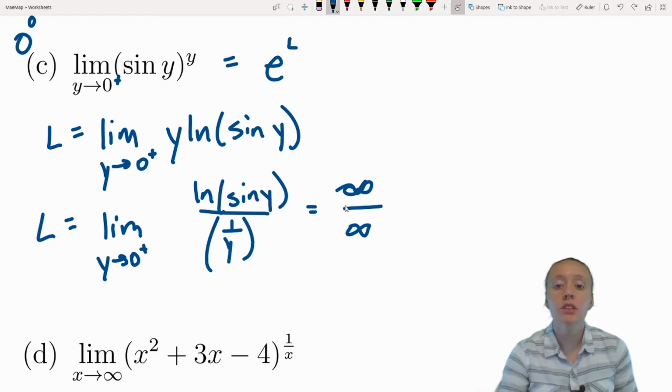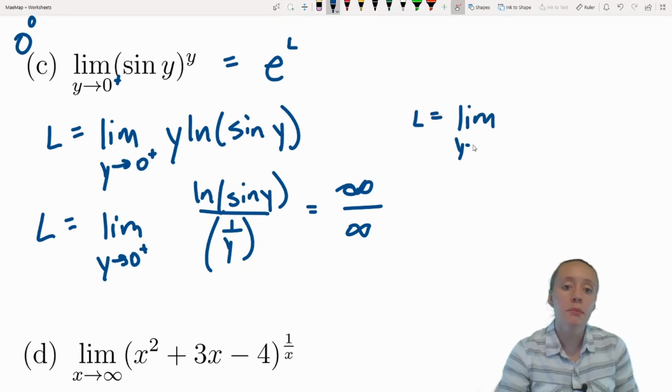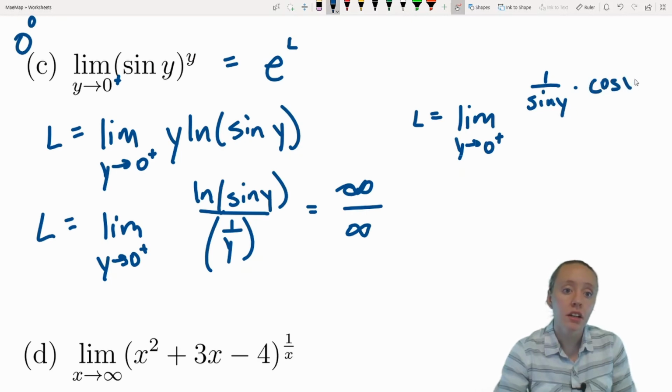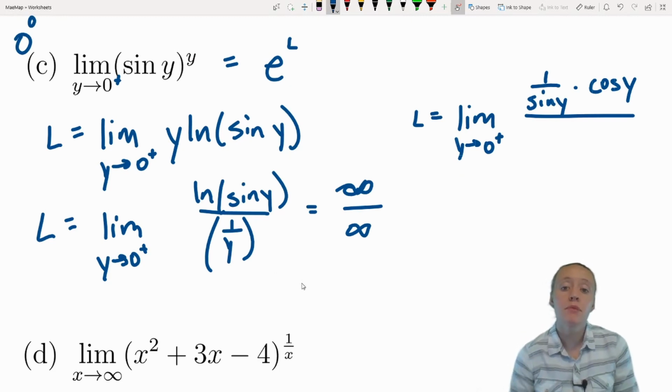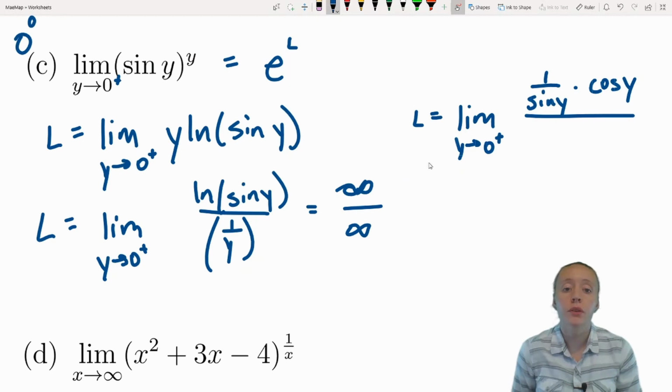So what we're going to do is take the derivative. So we're going to get that L is equal to the limit as y approaches 0 from the right of 1 over sine of y times, what's the derivative of sine of y? That's going to be cosine of y, all over, what's the derivative of 1 over y? That's like y to the negative 1, which becomes negative 1 over y squared.